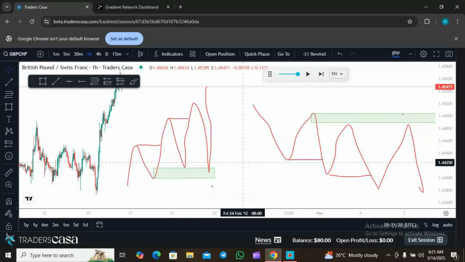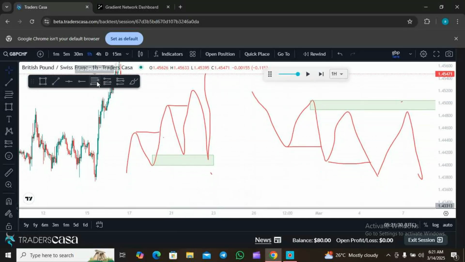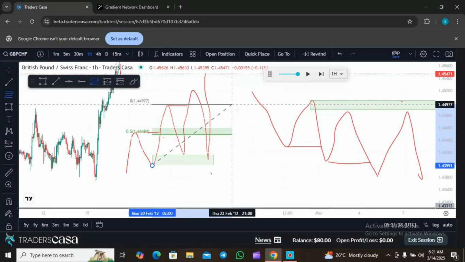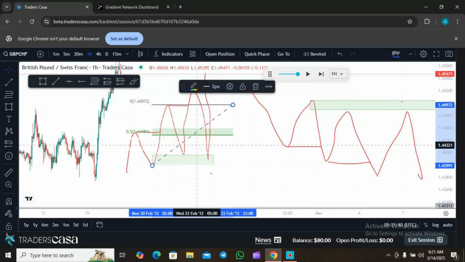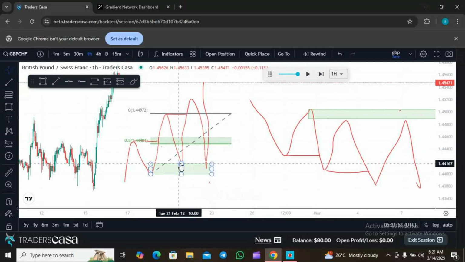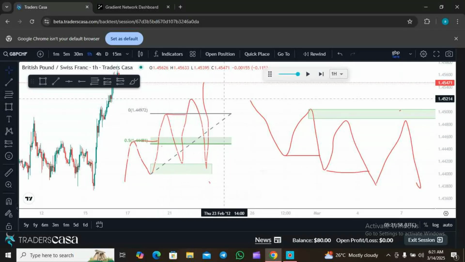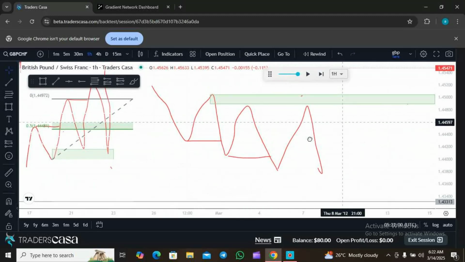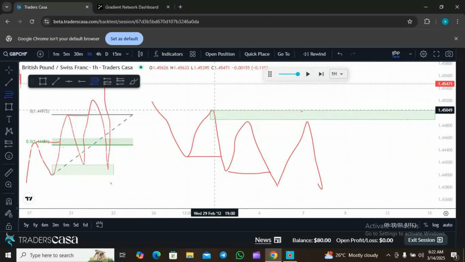How do we know if this liquidity here is inside 50%? We make use of our Fibonacci. We measure from this low right here to this break of structure right here. And you can see that this structural liquidity here is inside 50%, right? And the price can take it out right from our POI before going up.